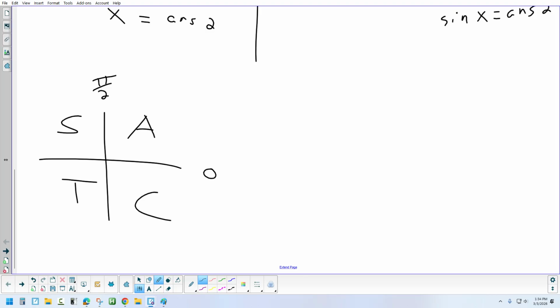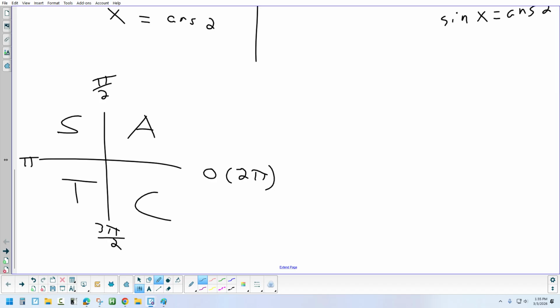Yep. In quadrant 1, all of the trig function answers come out positive. And S stands for sine. That means in quadrant 2, the sine comes out positive, the tangent and the cosine are negative. In quadrant 3, T stands for tangents are positive. And what's positive in quadrant 4?